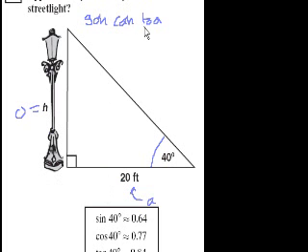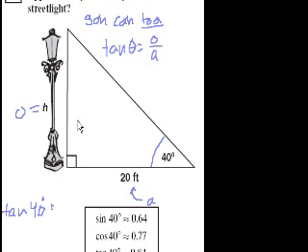well, that's tangent, right? TOA: tangent of any angle is equal to the opposite over the adjacent. In this case, tangent of 40 degrees is going to be equal to the opposite, h, that's what we're trying to solve for, over the adjacent.